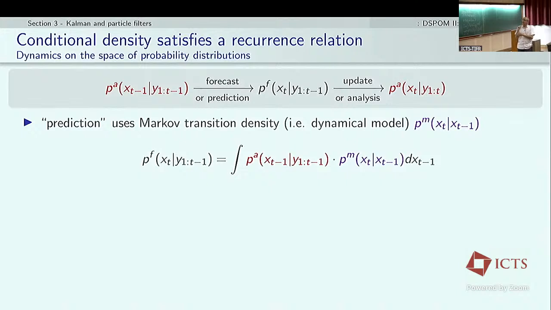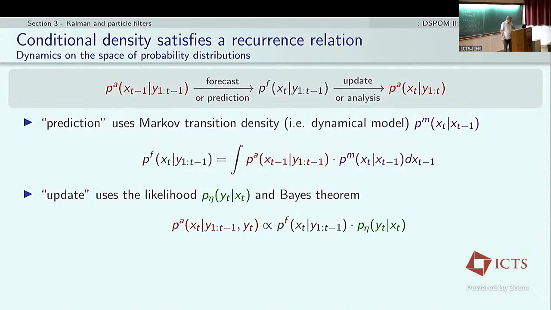Practically, this means integrating the model forward in time. That integration over dx_{t-1} is the model integration: the solution of the ordinary differential equation, the partial differential equation, or the stochastic differential equation, whatever it is that you have. So that integral is the dynamical model part of it.